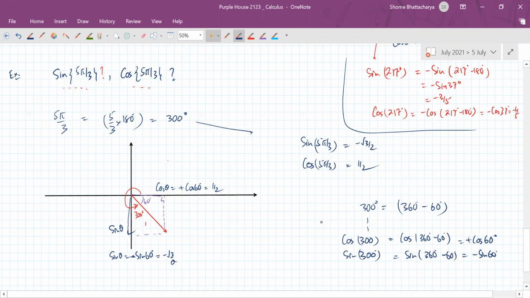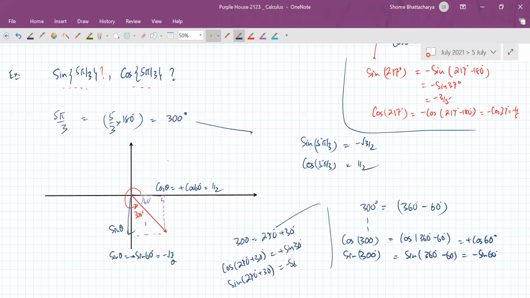But you can also express 300 this way: 300 is 270 plus 30. So cos of 270 plus 30 will become plus of sine 30, and sine of 270 plus 30 will become minus cos 30. The logic for that you can also see in this triangle.